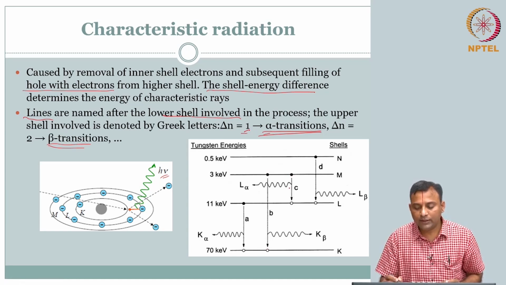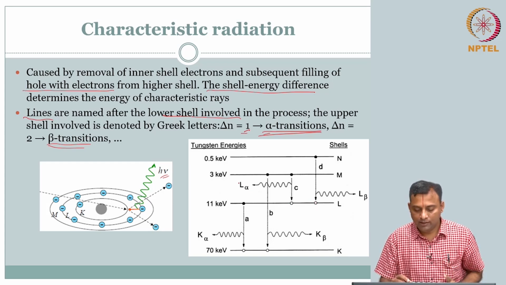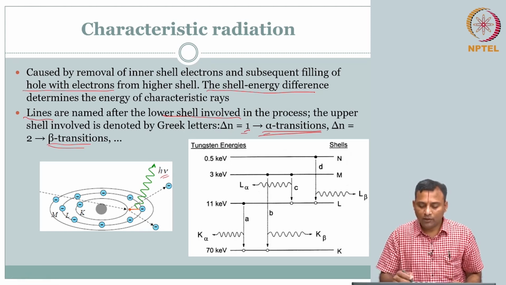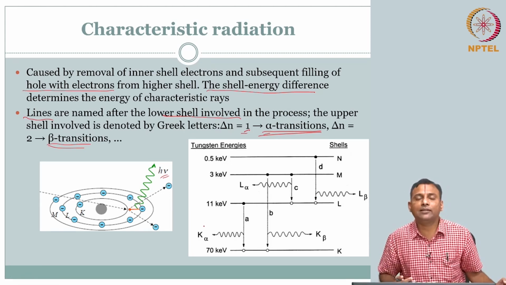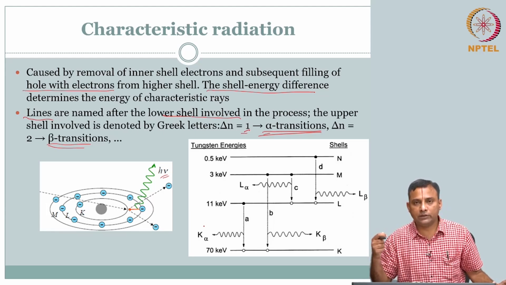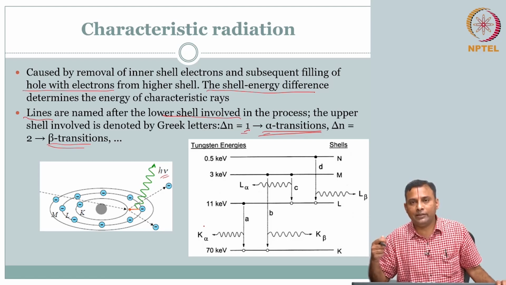Likewise, here, L is the lower shell, alpha means 1 transition, so L alpha represents an M to L transition, L beta represents N to L, and so on and so forth. Now, you understand that all these energy levels are unique. So, if it is jumping and the energy that comes out is in the X-ray range, that is a unique energy.